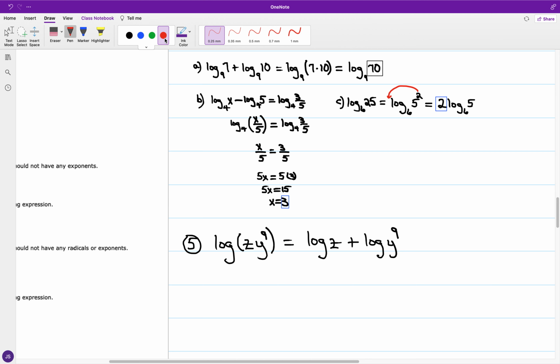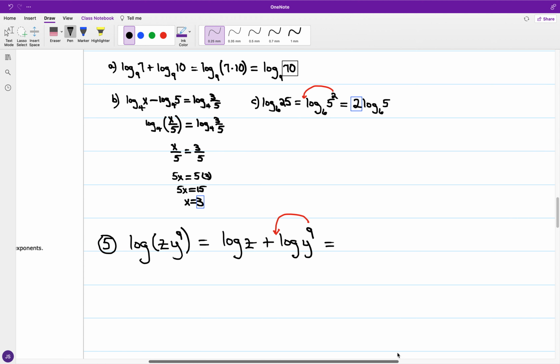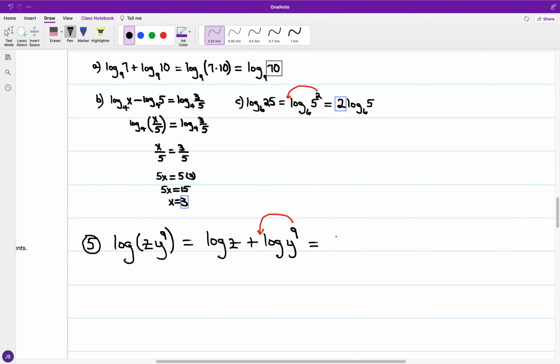And where we have exponents, we want to express them as coefficients. So for the final layout, we end up with the base 10 logarithm of z plus 9 times the base 10 logarithm of y.